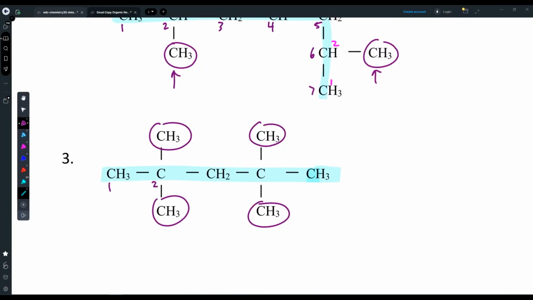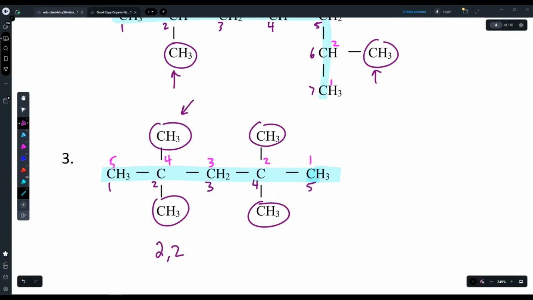But we need to figure out, okay, what carbons in the parent chain are these branches on? So let's number these. So our options are going to be 2, 2, because there's 2 branches on the second carbon if we're going with the purple numbering, and 4, 4.